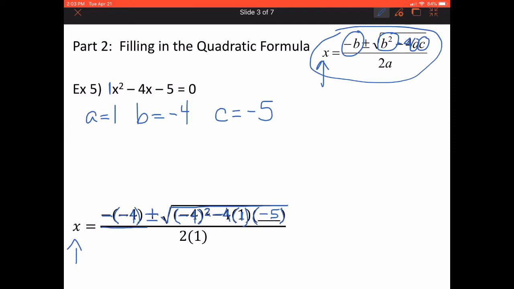The bottom of our quadratic formula is 2 times, 2 is built in, 2 times the a term, and the a was 1.